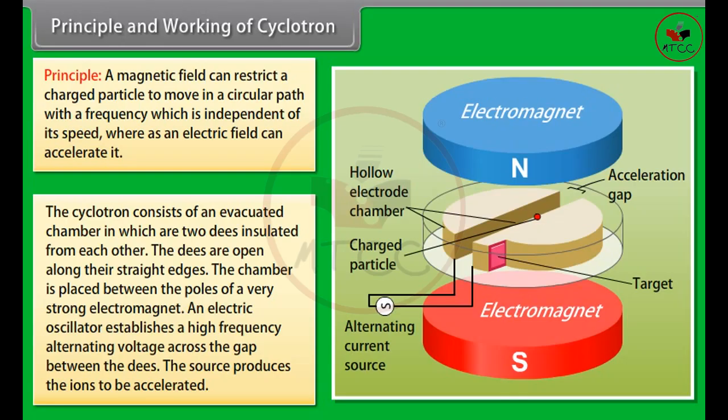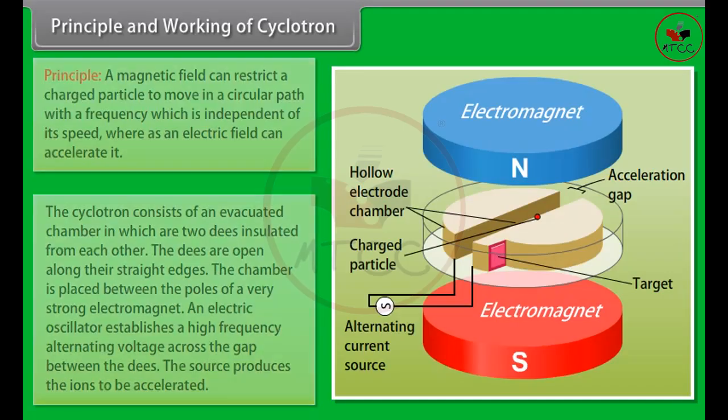The source produces the ions to be accelerated. Suppose an ion with a positive charge q and mass m is at the center of the gap when D1 is at negative potential with respect to D2. The ion is accelerated across the gap by the electric field between the Ds towards D1.